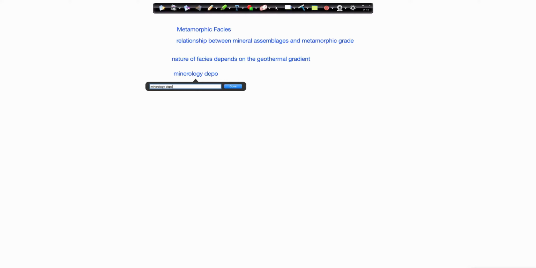Mineralogy depends on the protolith. So we're going to go over several different names, the different facies and their pathways, but they all have the same name as long as they take that pathway, but like a hornfels may have different mineralogy depending on its protolith.